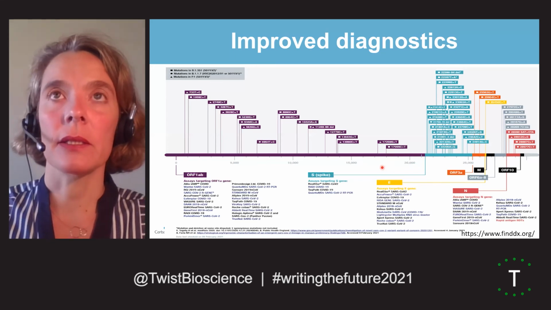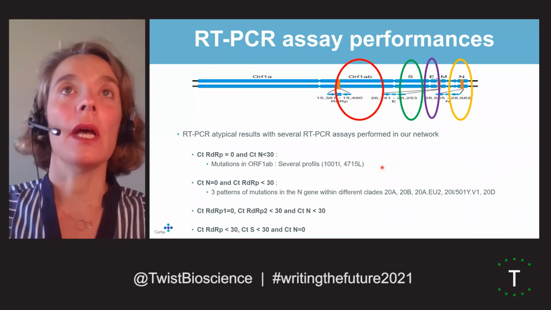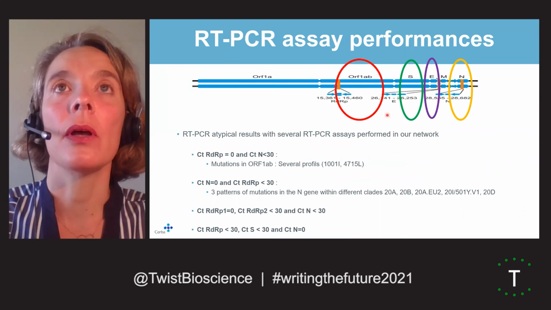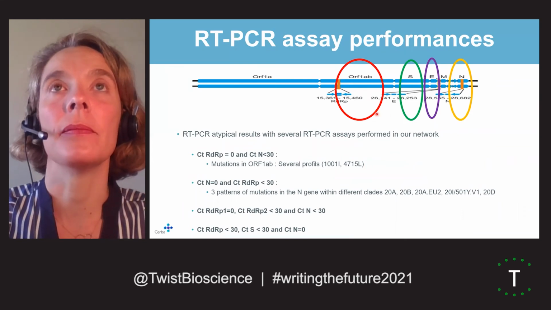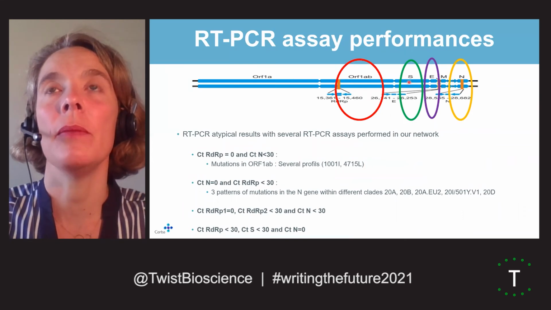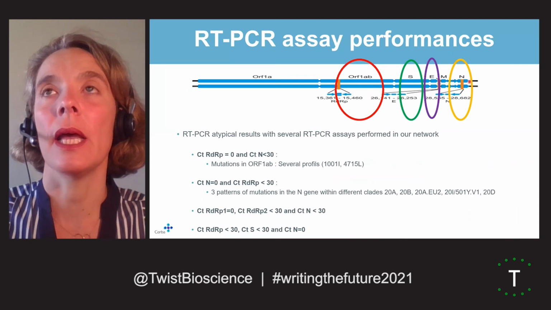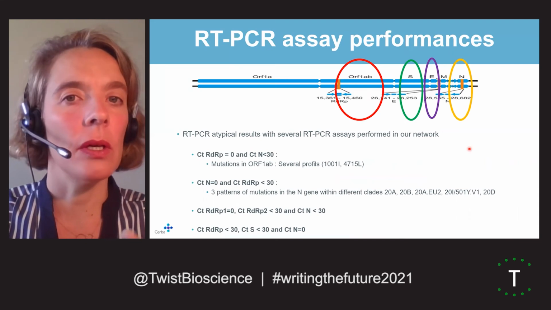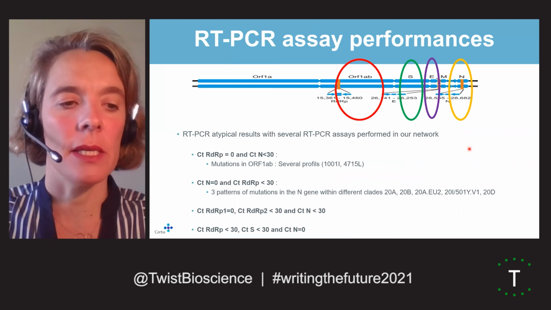To counteract these pitfalls, at least 2 target genes among ORF1ab, S, E, and N genes are needed in each PCR assay.